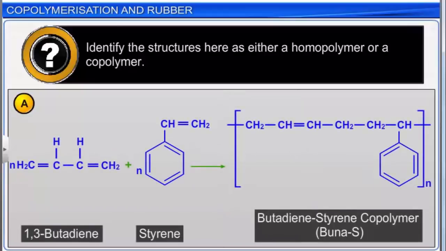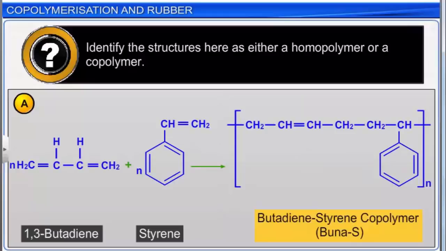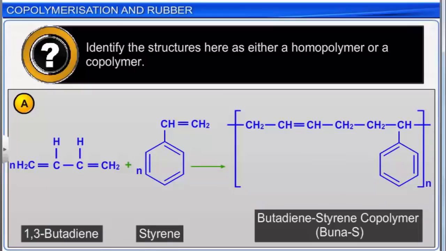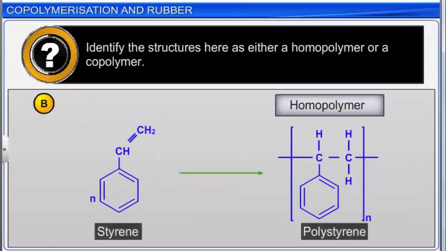Structure A is a butadiene-styrene copolymer, BUNA-S. The monomers used are 1,3-butadiene and styrene. Structure B is a homopolymer, polystyrene. It is made from styrene monomers.